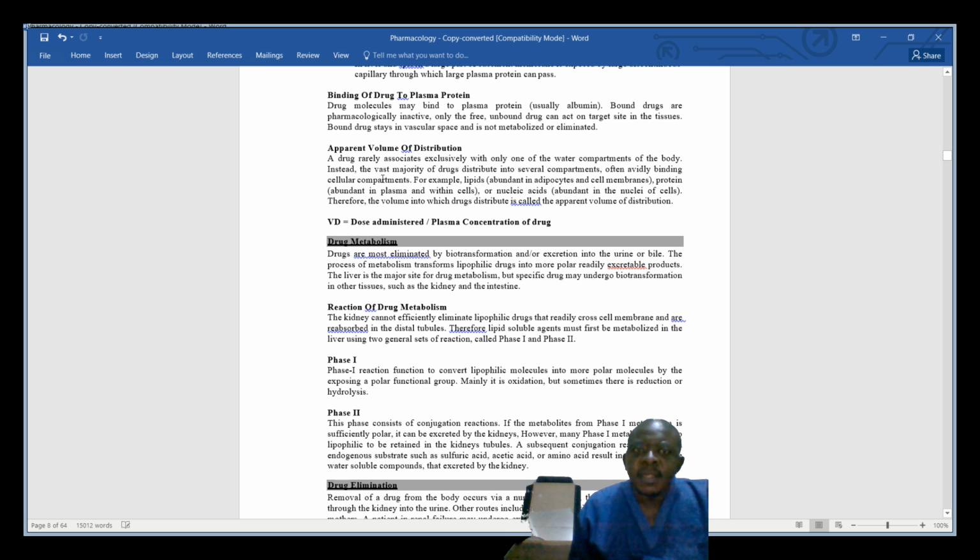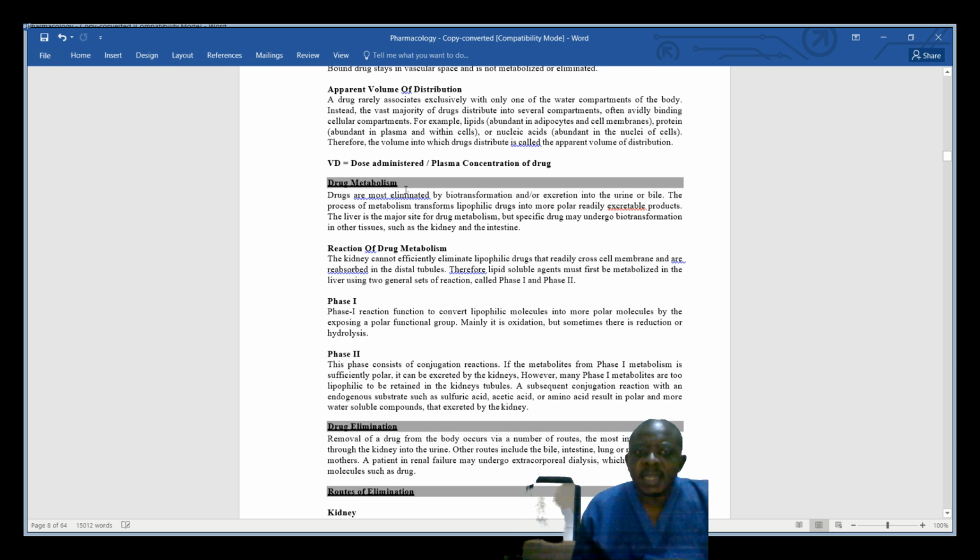Then the apparent volume of distribution, whose formula is equal to the dose administered divided by the plasma concentration of the drug. The volume of distribution is important to know how much of the drug is within the plasma and how much is left to work on the tissue, because the one bound to protein remains inactive.